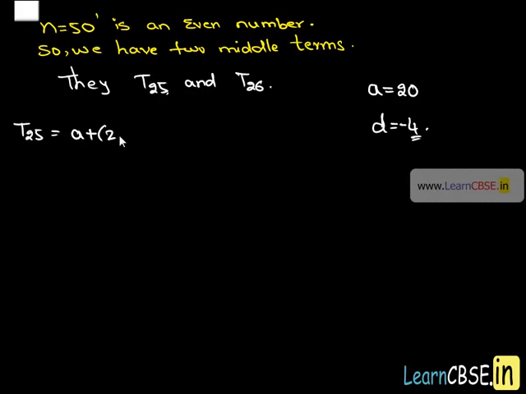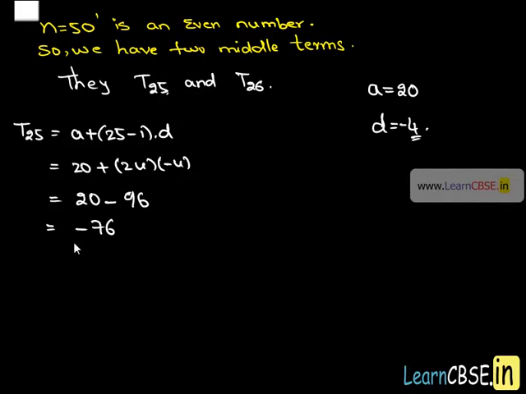The 25th term is A plus 25 minus 1 times D. On substituting the values of A and D, we get 20 plus 24 times negative 4. That is 20 plus 24 times 4 is 96, so 20 minus 96 is minus 76. Therefore, the 25th term is negative 76.